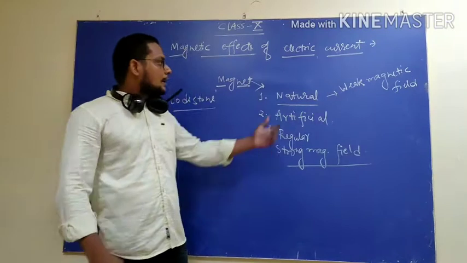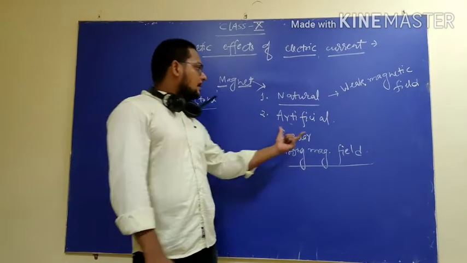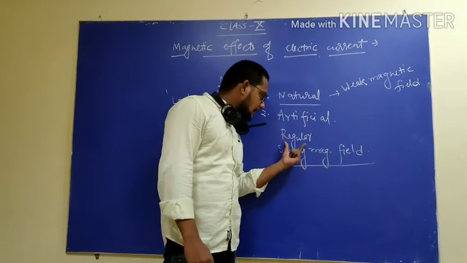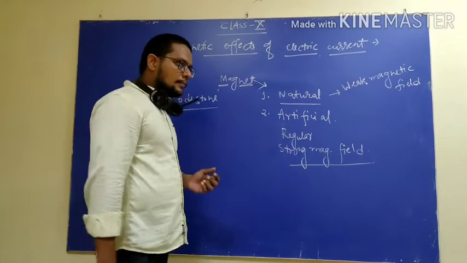Natural magnets have irregular shape and weak magnetic field, whereas artificial magnets have regular shape and strong magnetic field.